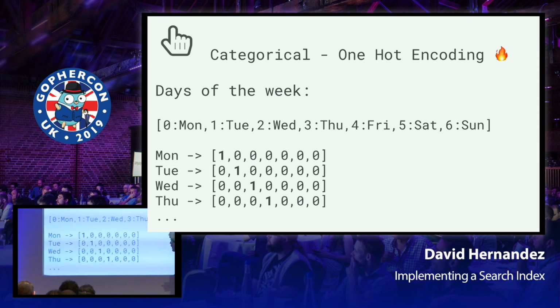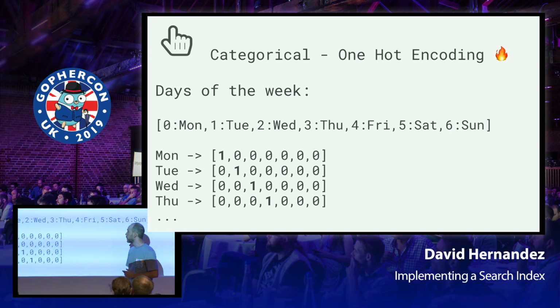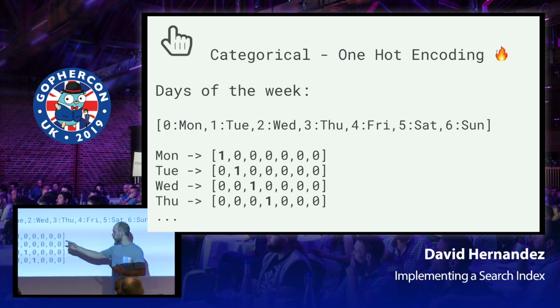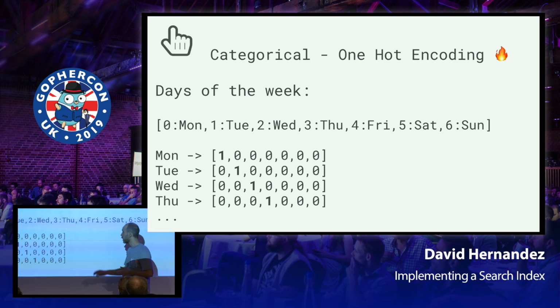For every single day of the week, we set a number to 1 if it's the day of the week we are in, and the rest to 0. In that way, we can encode the day of the week with just a slice of 7 numbers, isn't it?